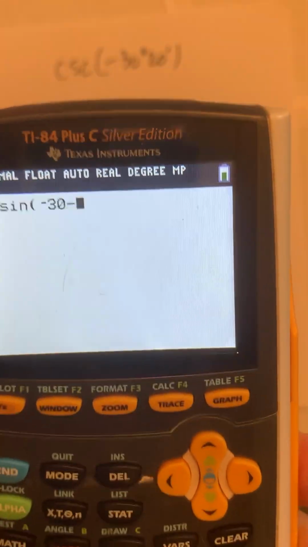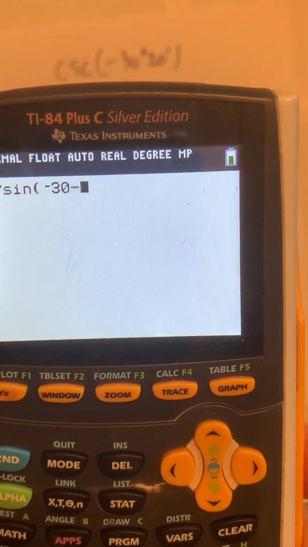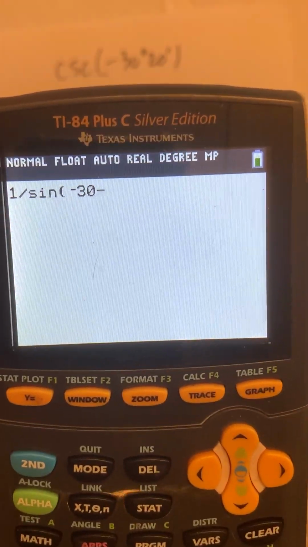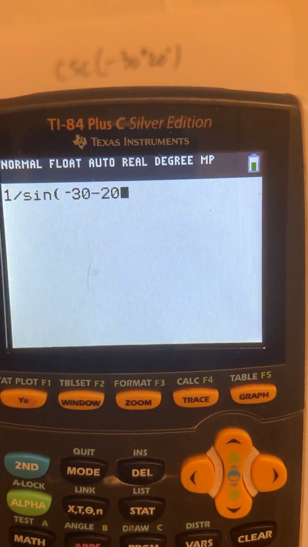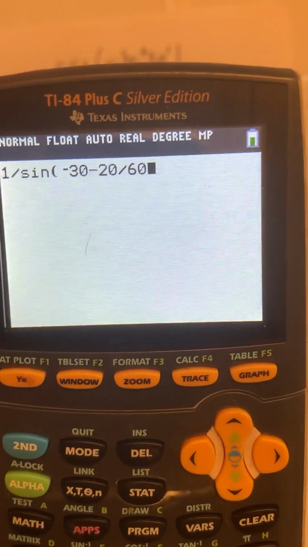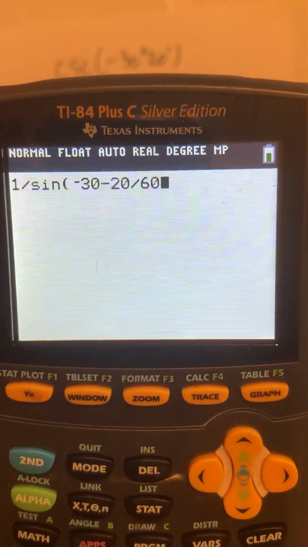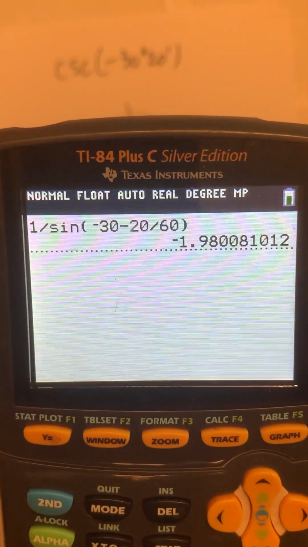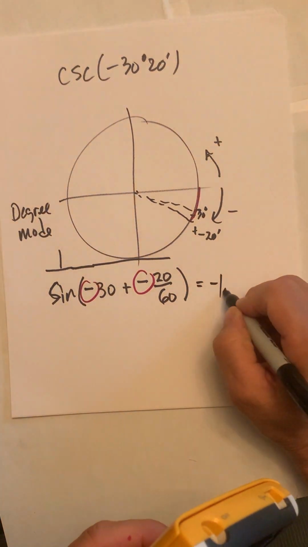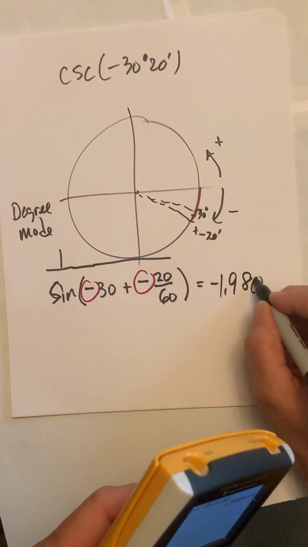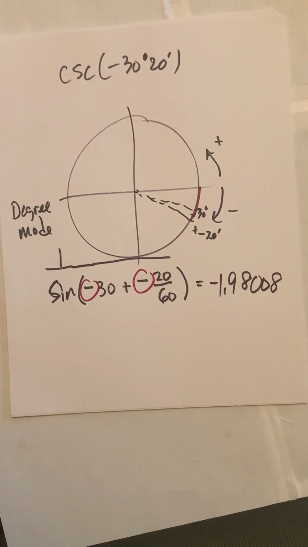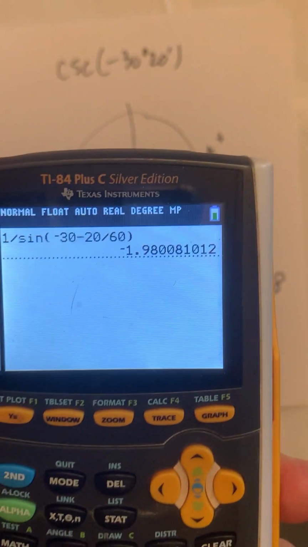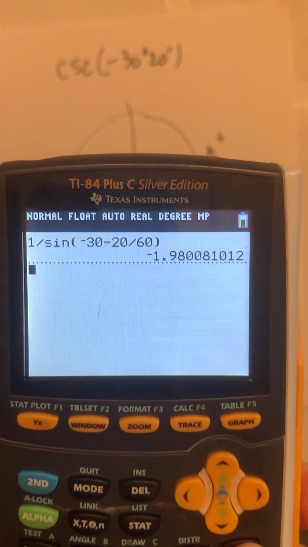I'm going to say minus because I'm rotating negative 30 degrees, and then I'm going another 20 out of 60, 20 minutes out of 60 possible minutes. And then I get negative 1.98008.